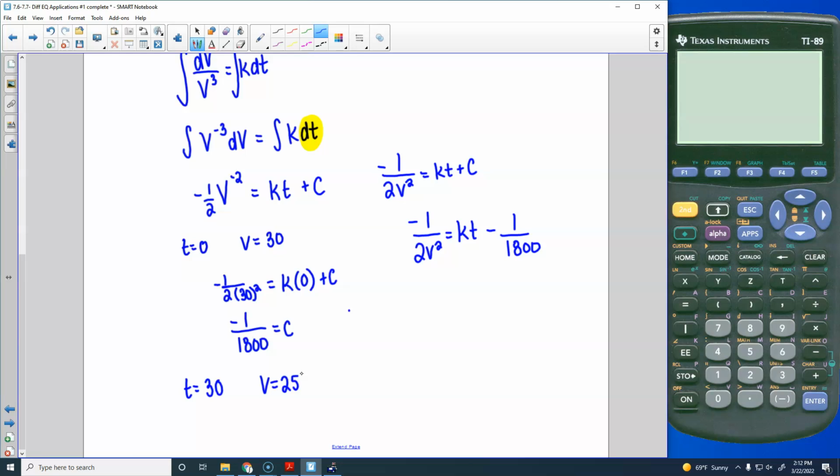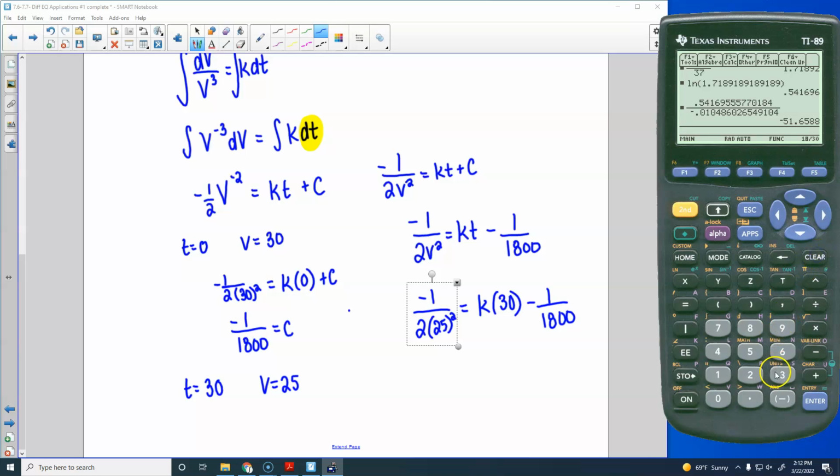So you just need to know which one you have used, so you know that your answer is in minutes or hours. When we integrated it, it became squared. So we'll have negative 1 over 2 times 25 squared equals k times 30 minus 1 over 1800. And we're going to rely on the calculator here.